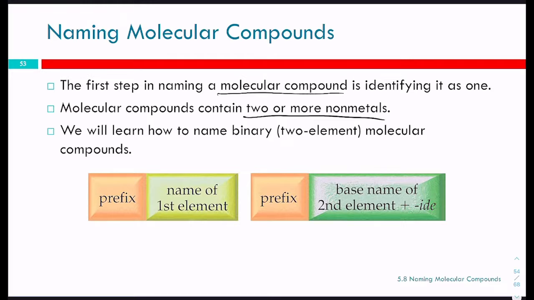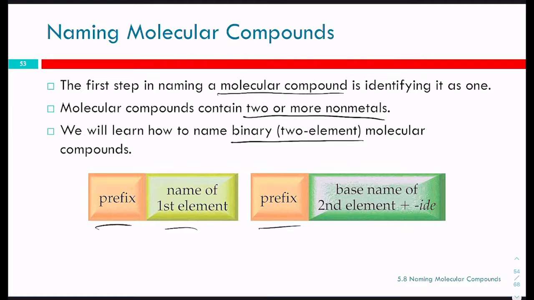And again, in this class, like the ionic compounds, we're only going to learn binary, or 2-element, molecular compounds. In these compounds, we have special prefixes, and the prefixes indicate how many of each element there are. For the first element, we just leave it as its name.